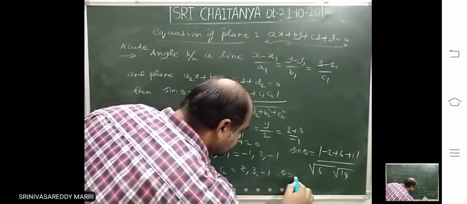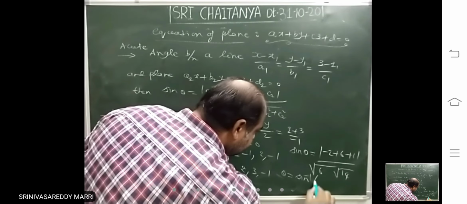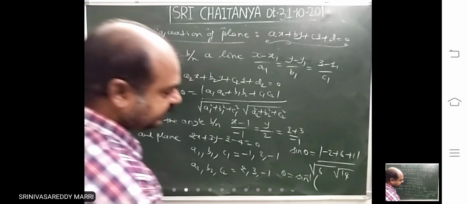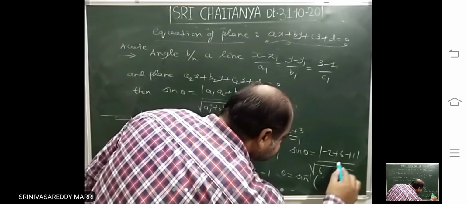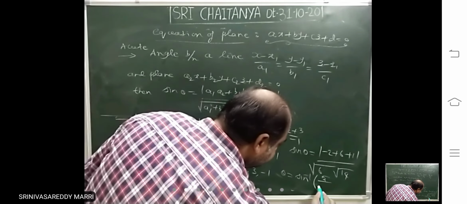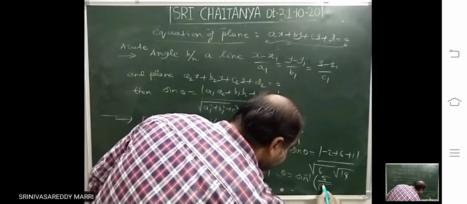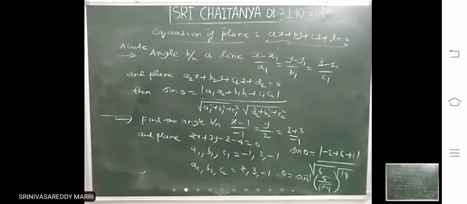Therefore theta is nothing but sine inverse of 5, 6 minus 1, 5 divided by root of 84. This is the angle. He will just ask for the angle between a line and a plane.